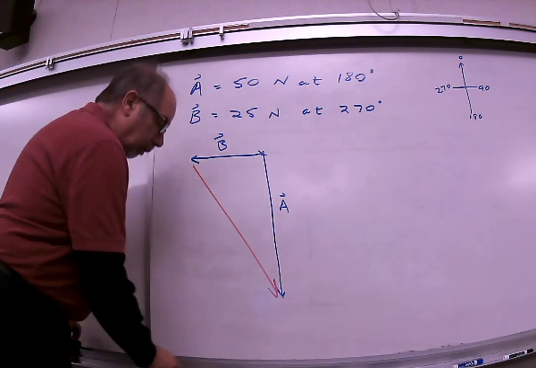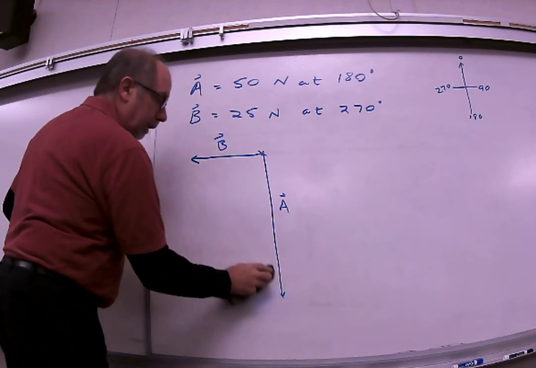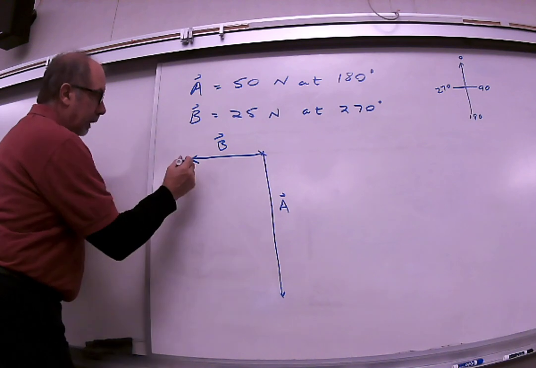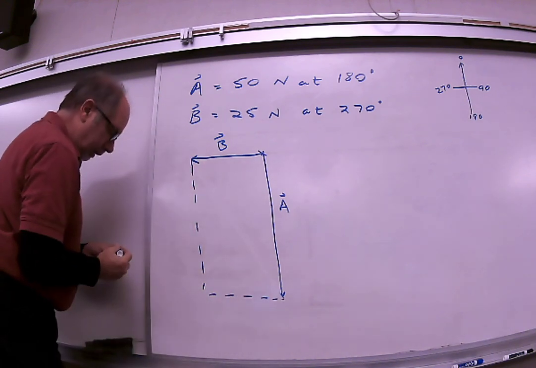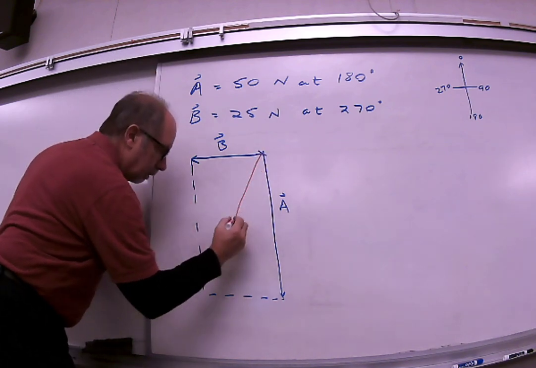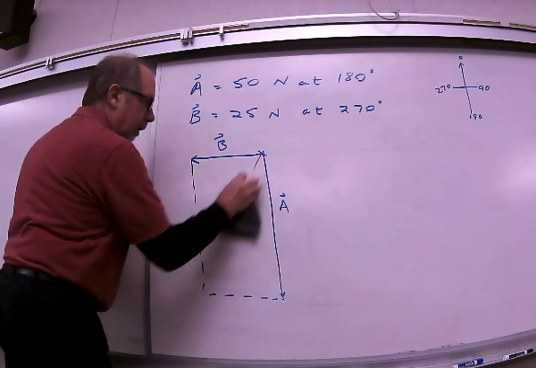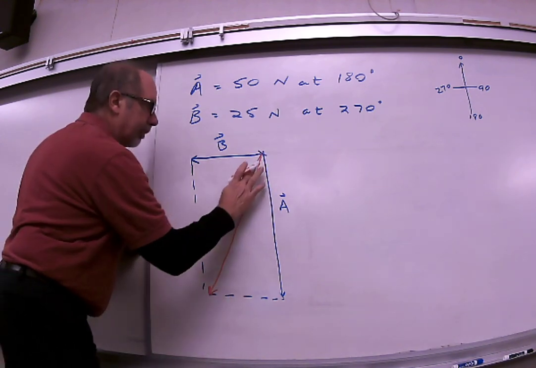No, the ball is going to go both down and to the left. So if we think about it, we can tell that the resultant of this is instead going to go, oh dear, could have drawn that better. It's going to go more or less like this.